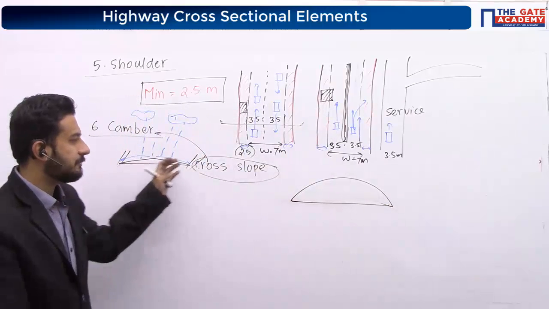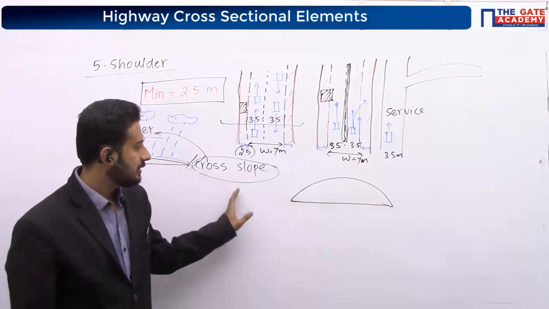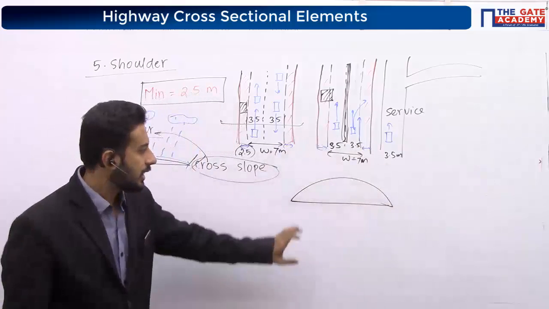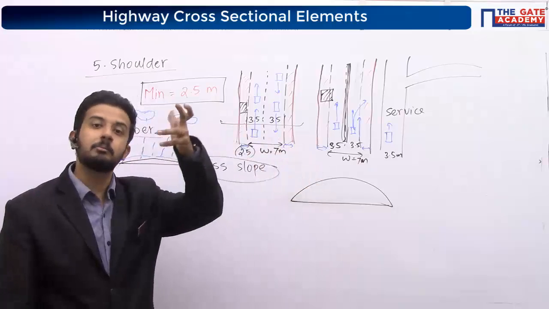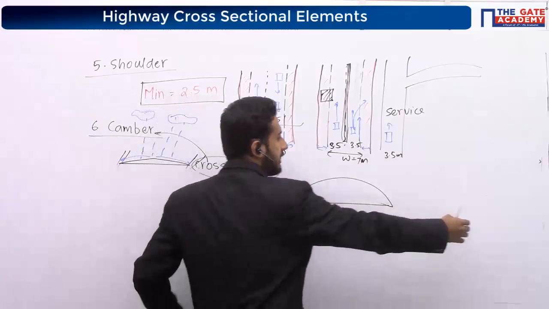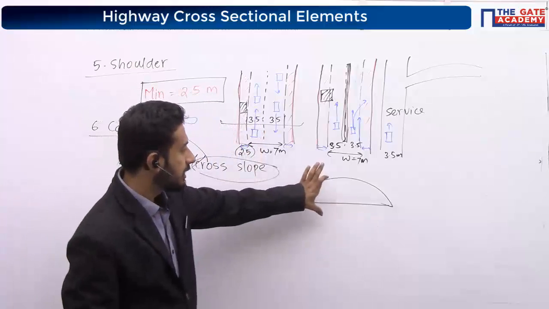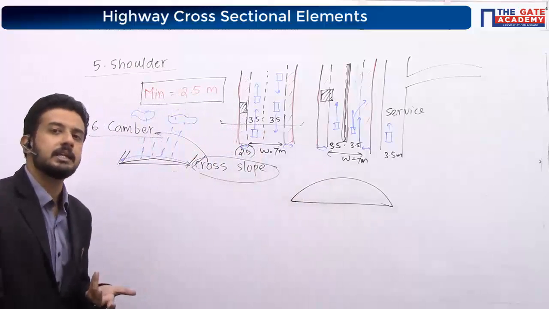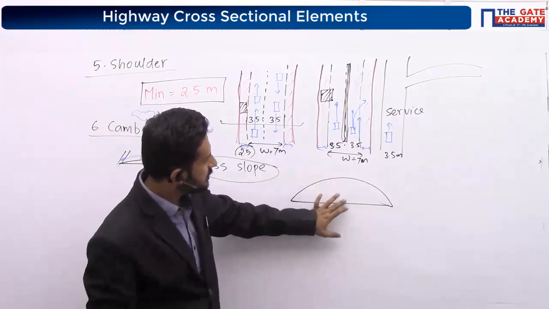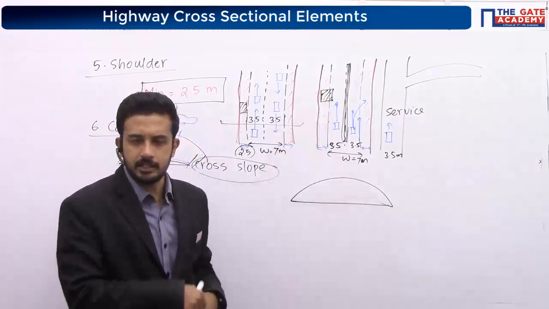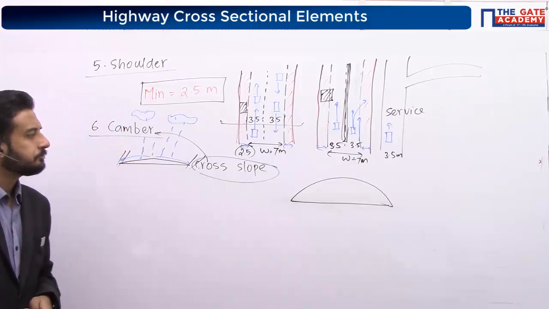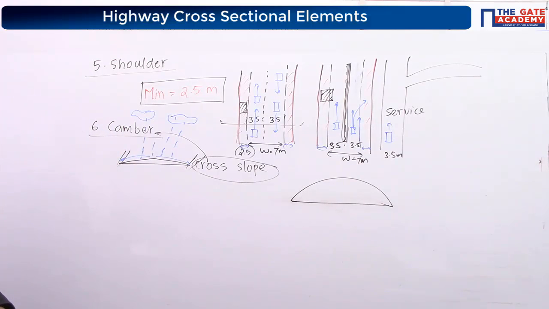For calculation purposes, we may simply magnify the vertical dimension. The horizontal dimension will be very lengthy. It's 7 meter, but this height may be very small, only a few centimeters. So this vertical dimension is magnified just for our understanding. So that slope is called camber.